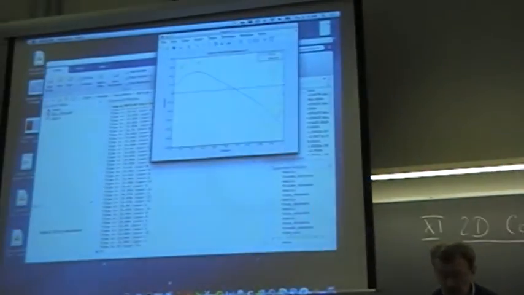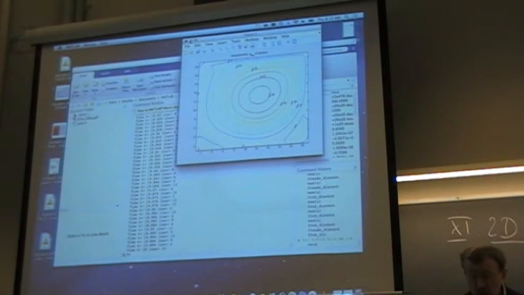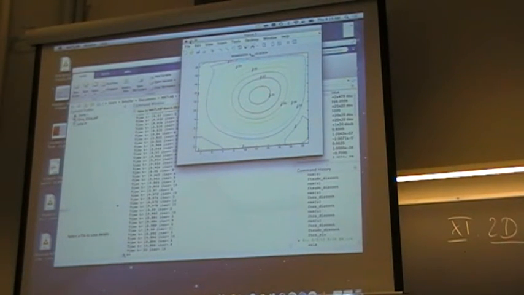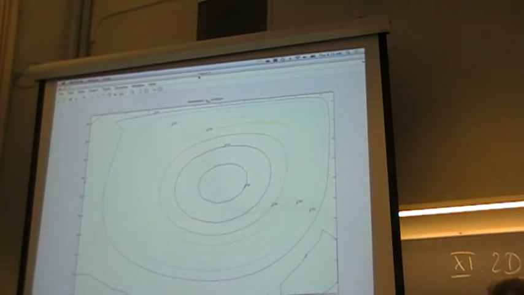So you'll get velocity profiles for the v direction, for the u direction. You get streamlines, and the problem. Sorry, I forgot to tell those who were not there. The problem is that we have a square cavity. We can enlarge it to make it clearer.